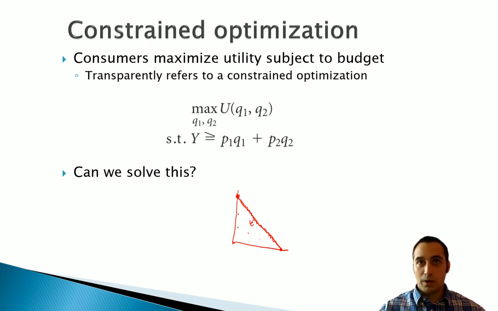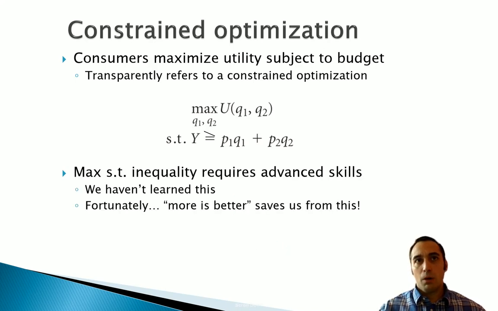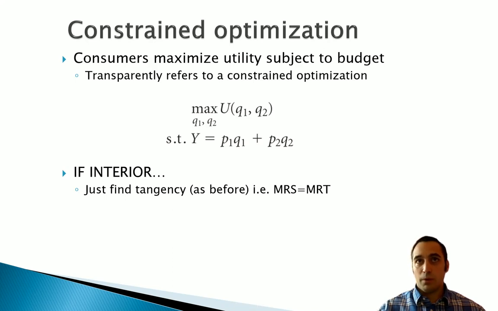That is, we know we don't want to optimize here if we have Y dollars to spend, because there are these points out here which must, by assumption, give us more utility. Therefore, are we actually maximizing our utility subject to Y being greater than or equal to Q1 P1 plus P2 Q2? No. We could actually just assume that these are equal, right? At any point where we are spending less than our budget, there's some also affordable bundle, slightly to the north and east, that will give us, we know, higher utility because we're non-satiated.